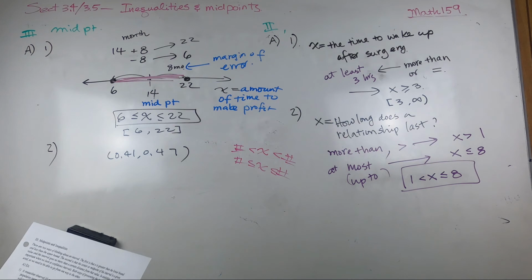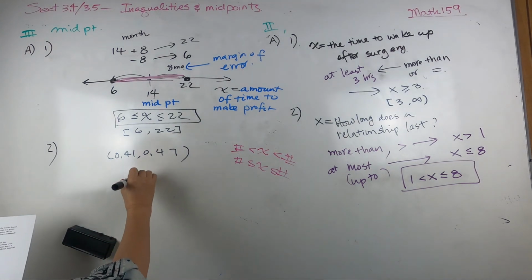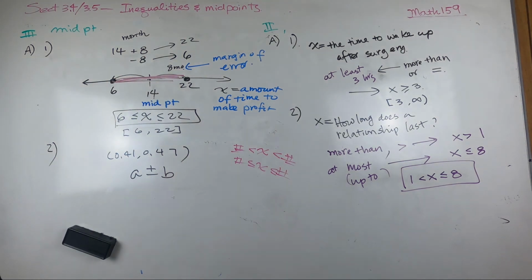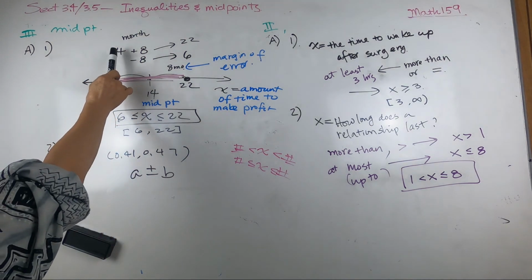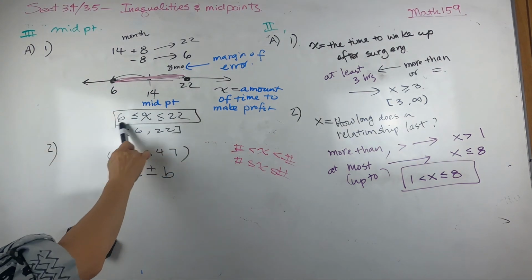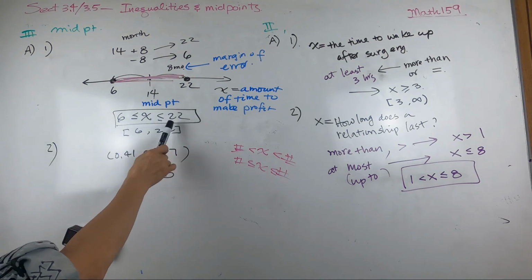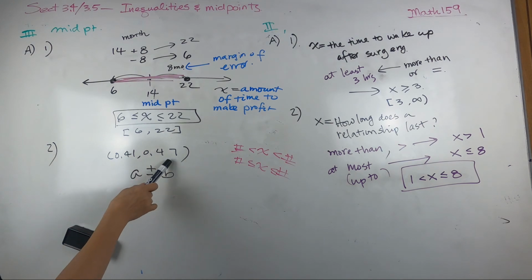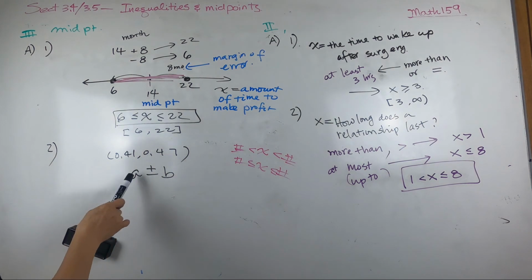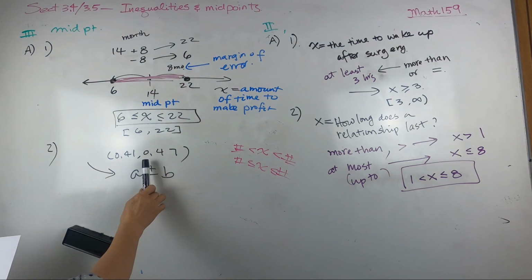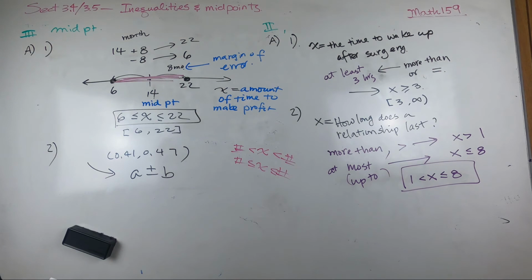Then write the interval in the form a plus minus b. Before, we gave you 14 plus minus a and you translated it to a trilinear inequality and interval notation. Now we give you an interval notation, and you want to change it to the midpoint and margin of error form, a plus minus b.